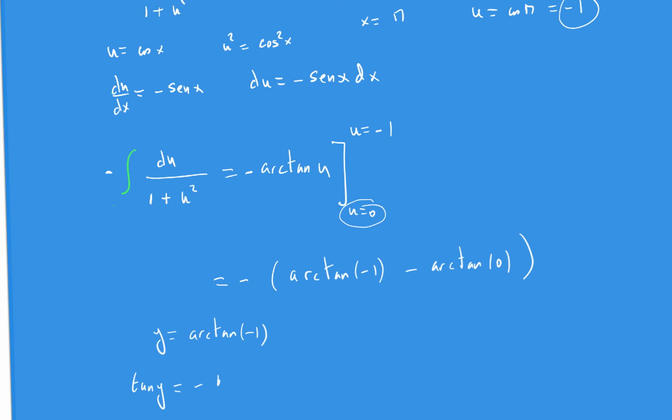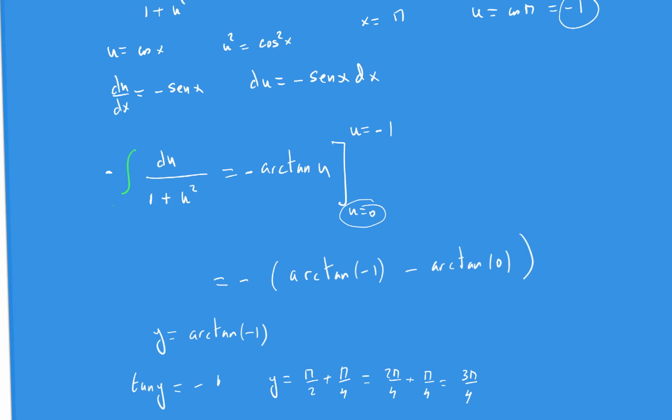And the tangent of y is minus 1 when y equal pi divided by 2 plus pi divided by 4. When it's 135 degrees, the tangent is minus 1, and that is 2 pi divided by 4 plus pi divided by 4, which is 3 pi divided by 4.